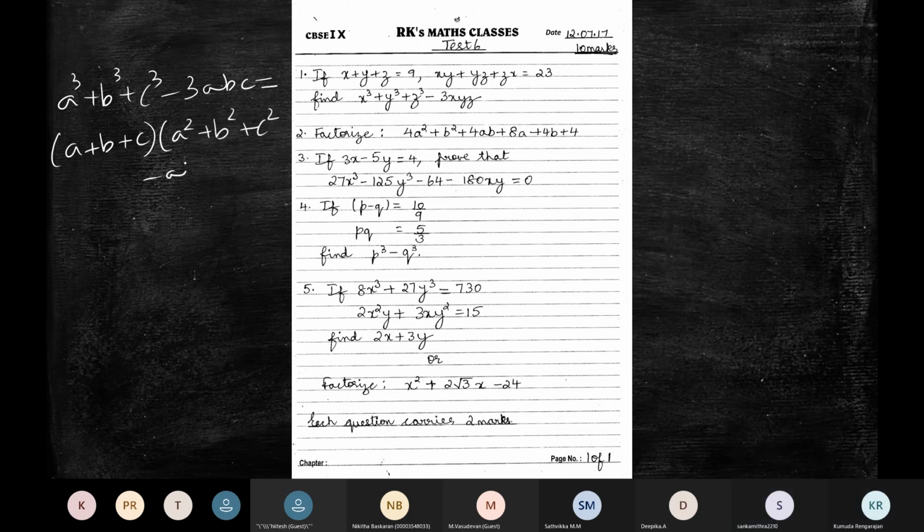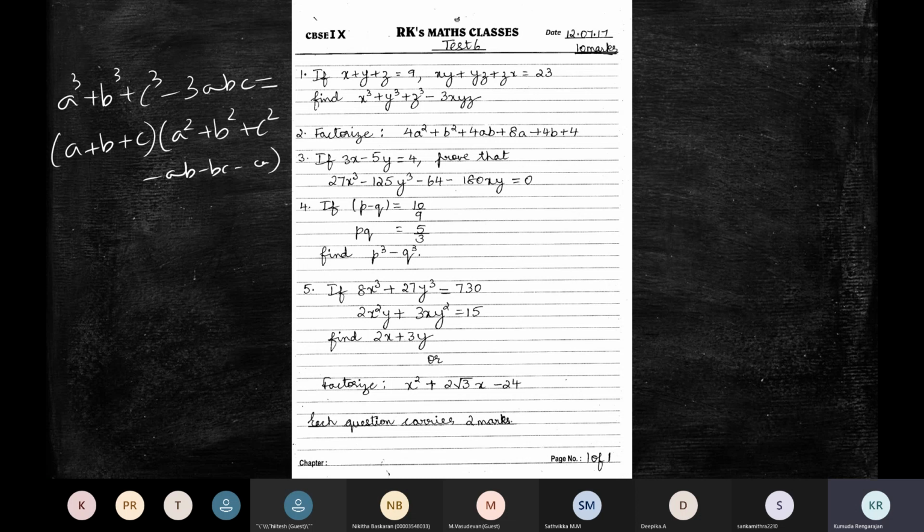Yeah, all right. So in this material, question number 3 is a proof. You have to prove that this expression is 0. Tell me the answer for the fourth one.